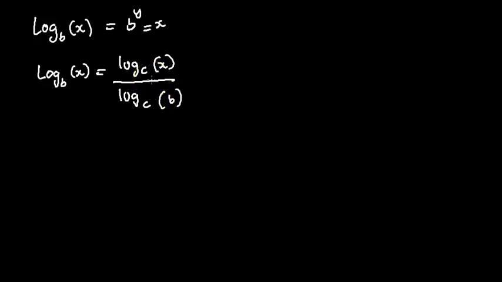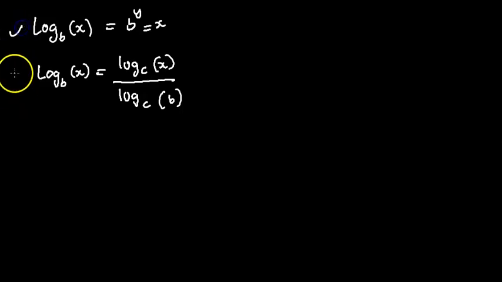This formula allows us to convert a logarithm with any base into an equivalent logarithm with a different base. First thing you need to do is to take the logarithm of x with base c divided by the logarithm of b with base c.